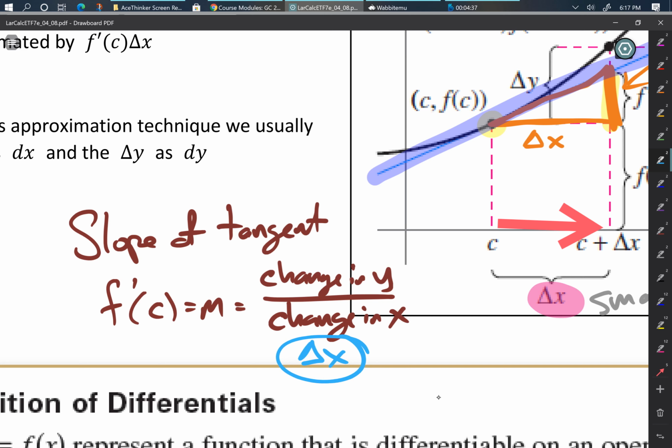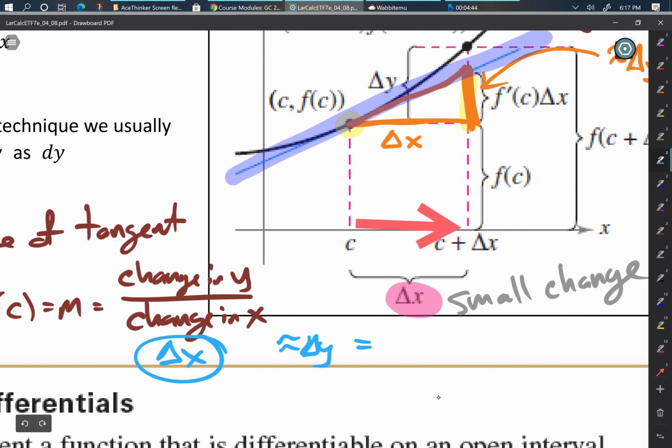We can say that the change in y, the approximate delta y, is going to be f prime of c times our delta x. Now please forgive me because this is horrible notation here, right? But we're trying to approximate delta y.